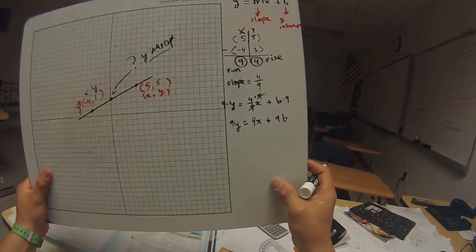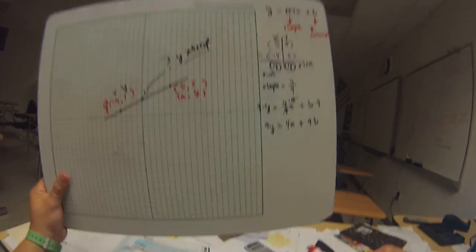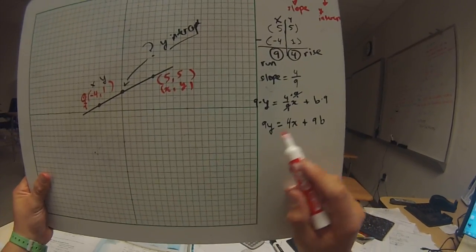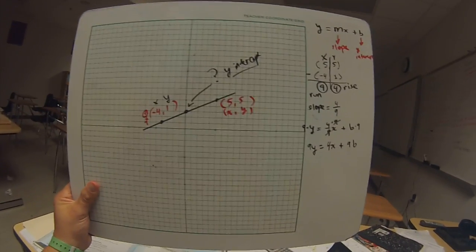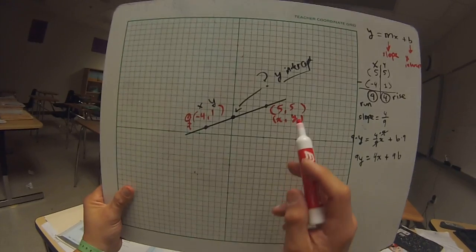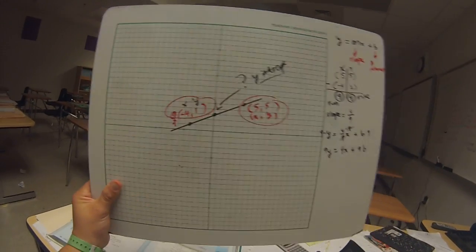And let's concentrate on finding little b now. So let's go ahead. We see here that we have an x and a y and the little b. Well, I don't know what little b is, but I know what x and y are. I know that those are ordered pairs on the line. So we've got to pick one. We can use this one here, or we can use that one, whichever one you prefer.